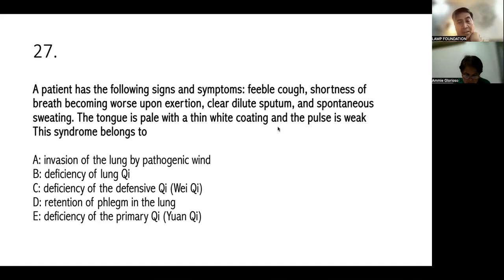Anong nangyayari pag may retention of phlegm in the lung? Siyempre, Doc, ubo, a productive cough with scanty sputum.